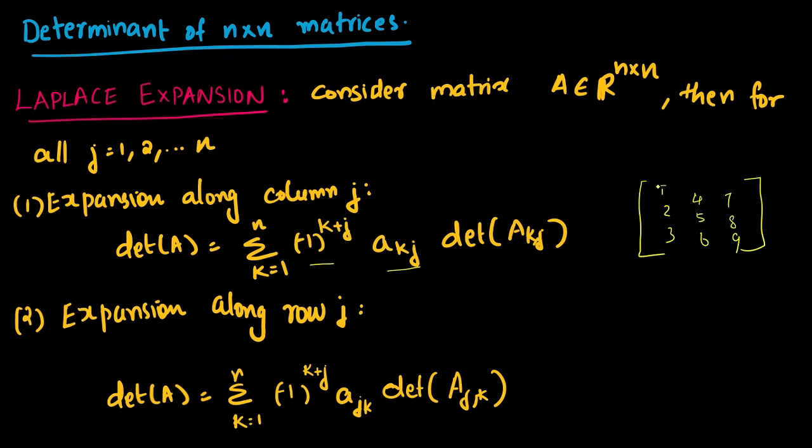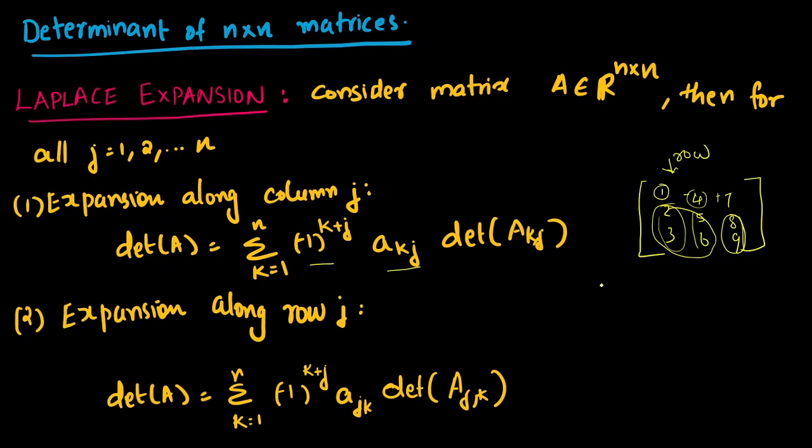We can either take 1 into its cofactor matrix, minus 4 into its cofactor matrix, then plus 7 into its cofactor matrix. So it is along the rows. Okay, that is the row-wise method.